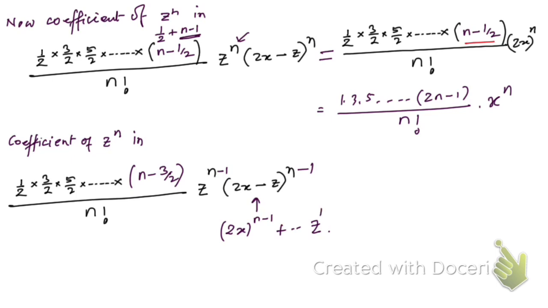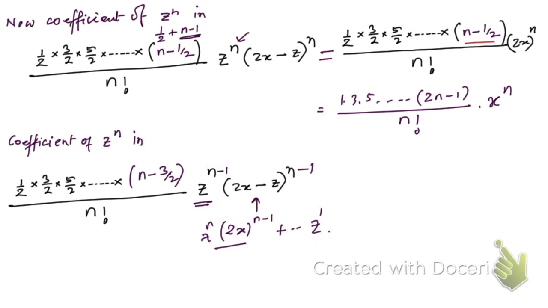If you multiply this term with this, then the power on z will remain z to the power n minus 1. But in the second term, if you multiply this 2, then the power is going to be n minus 1 plus 1, that means the power is going to be n. So we're going to take the coefficient of the second term here.